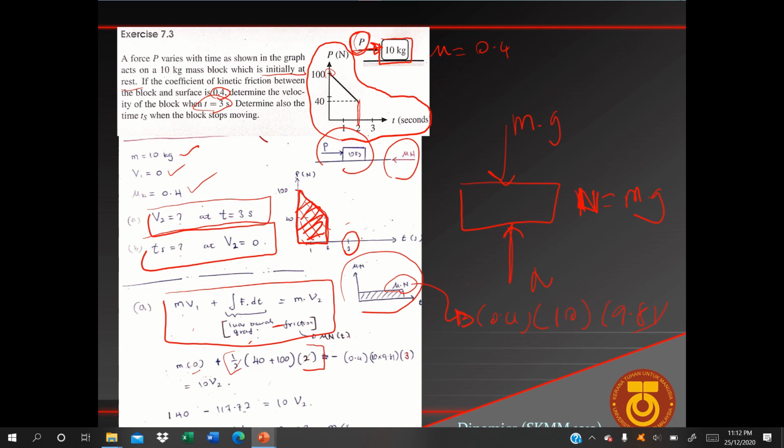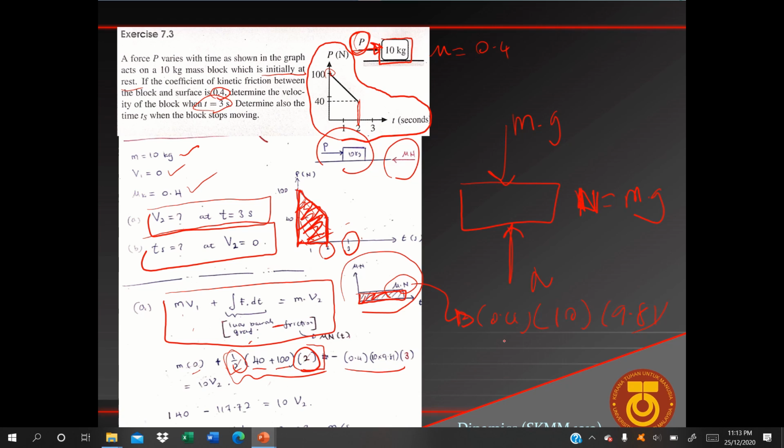So half times the sum of these two sides, 40 plus 100, times 2, because the time is 2 seconds. So you get the area. This is the area under the graph, minus the area under the graph of friction.